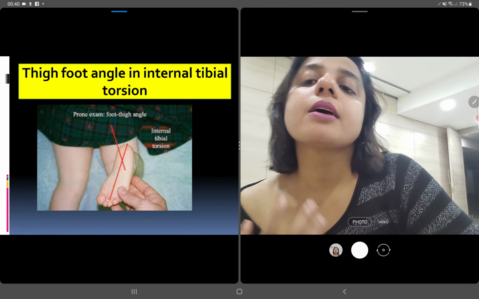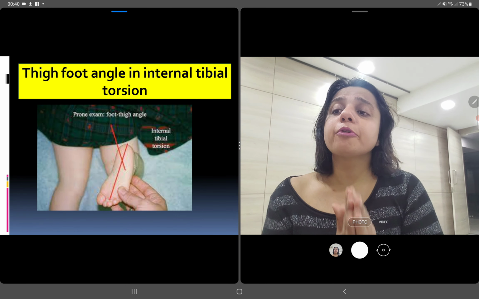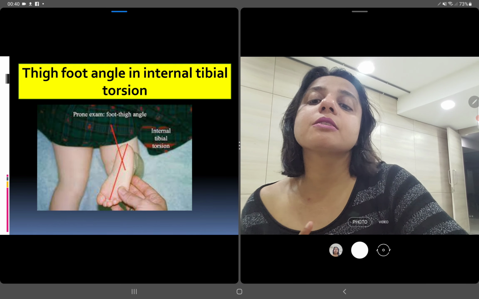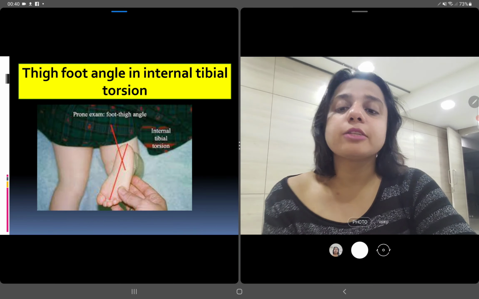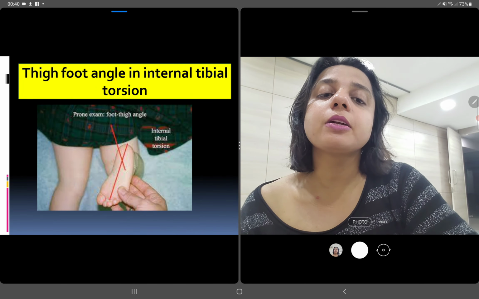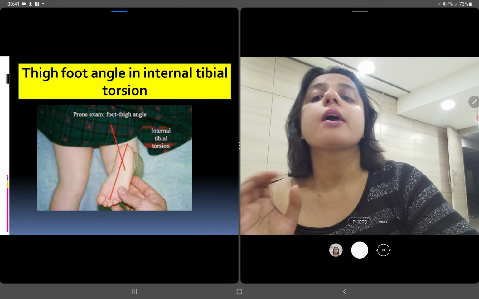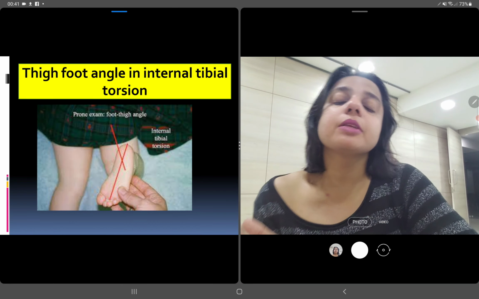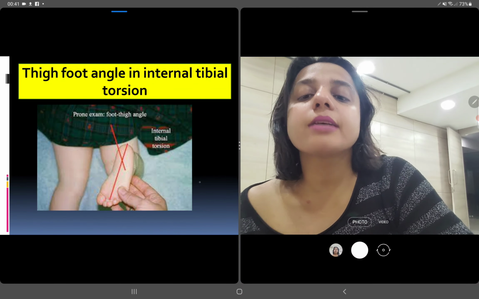It means there is internal tibial torsion. You know, a normal foot progression angle is between -5 and +15 degrees. So plus 10 to 15 degrees of external rotation is okay. -5 is okay, but not more than -5. If it is more than -5, then you say that the patient has intoing.